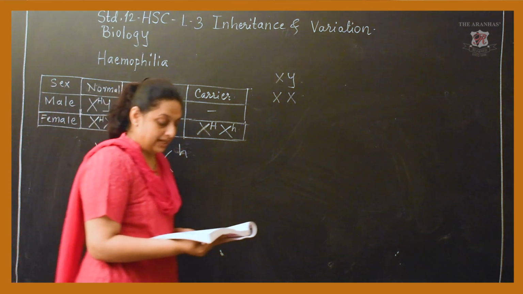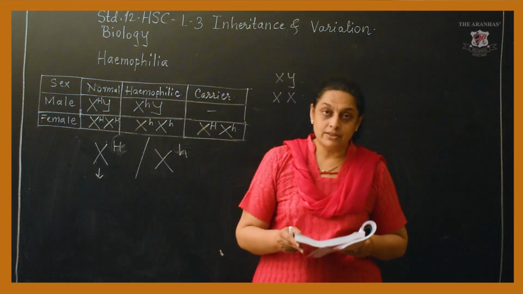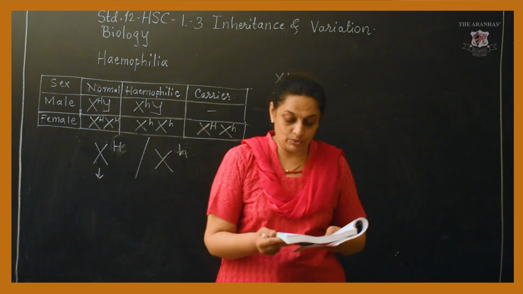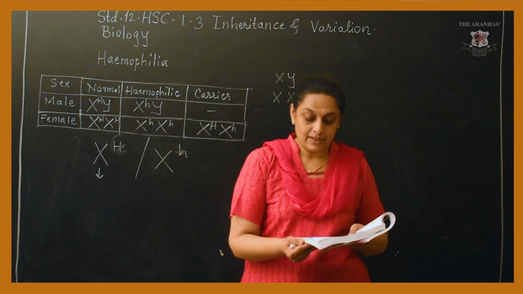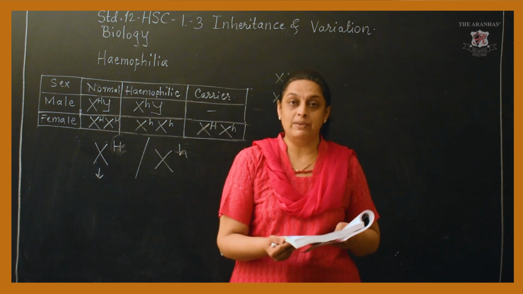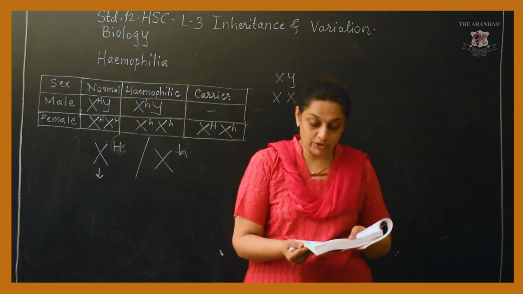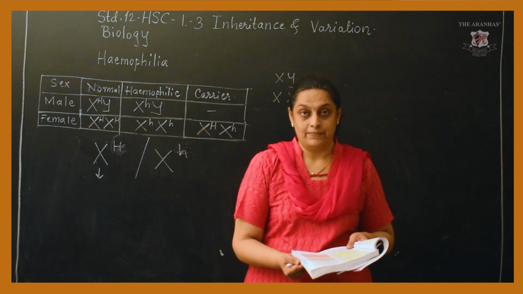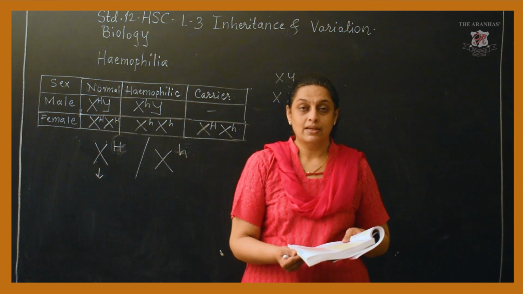Now we will see in the textbook how this particular disorder is passed on to their children. A hemophilic male marries a normal female. Then in that case, if you see the progeny, the daughter becomes a carrier, and the son who is born is normal.